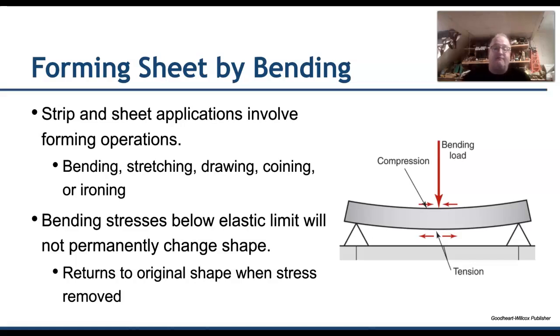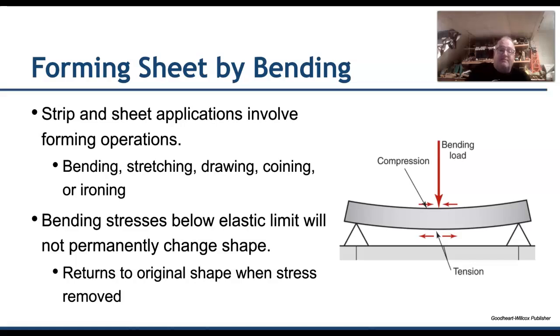So the forming operations for strip and sheet, of course, include bending, stretching, drawing, coining, and ironing. And that is a vast majority of very highly automated processes and extreme machines with a lot of other types of punch presses, rolling dies, progressive dies, you name it, to get the different types of product that we need using these sheet goods.